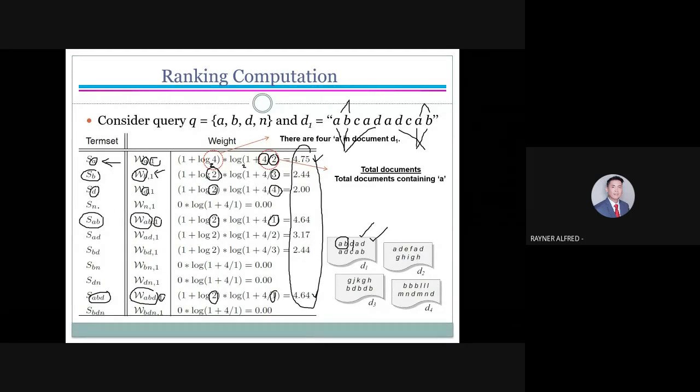For example, SN: this formula becomes 1 plus log to the power of 0. What is that value?